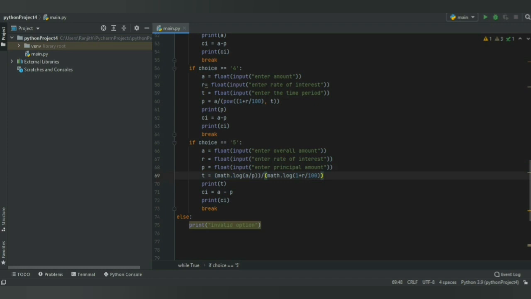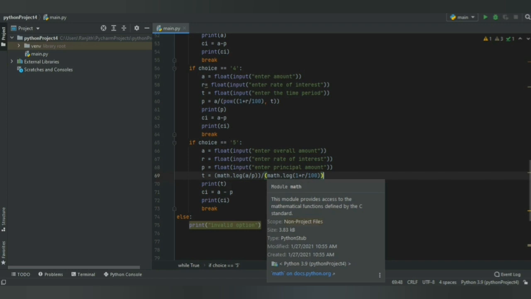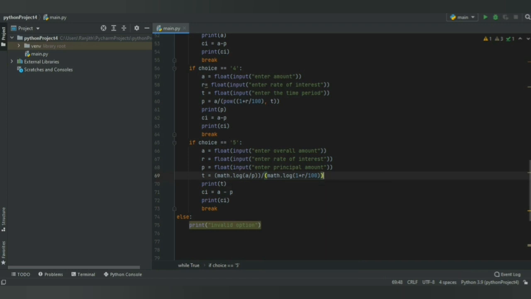If you want to change it to quarterly or half yearly, just change the 2 and the 4 here. So this way you will write the program. Then run the program.